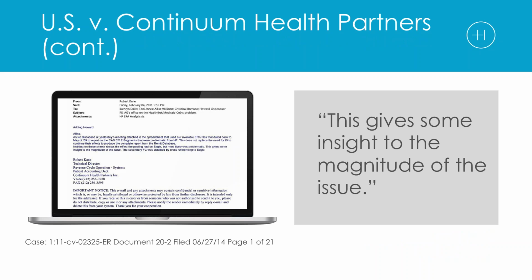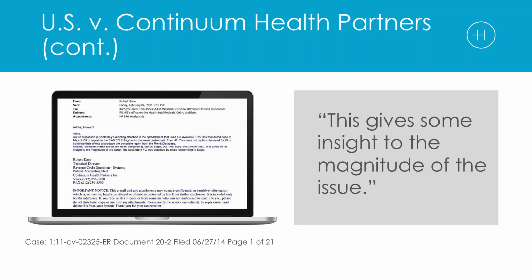And specifically in this case, it was an email that was received. Not to get into too much of the details, but essentially this Mr. Kane was the one who sent this email. The key phrase that the court focused in on, which we've enlarged here, is when this individual in the email says, this gives some insight to the magnitude of the issue.